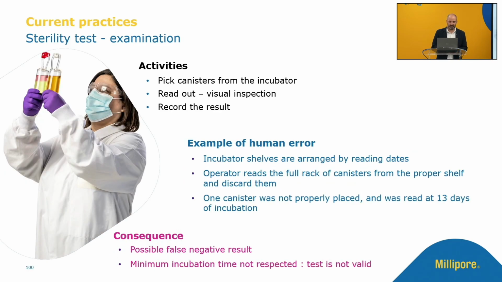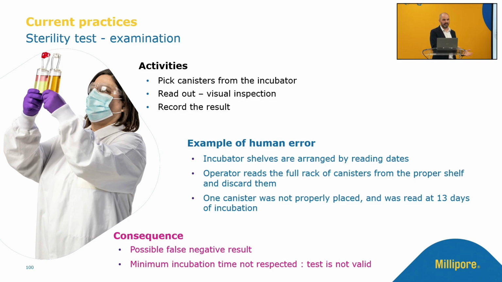Another example. I will not give names; they are from customers. It concerns the reading of the canisters, which are usually placed on trays or racks in the incubator by day of reading. But a canister was not on the proper shelf or in the proper rack in the incubator, and the operator read all the canisters, discarded them, and then was writing the result afterwards, and realized that he had one result more than what he had to read.